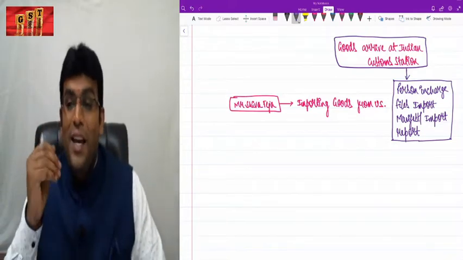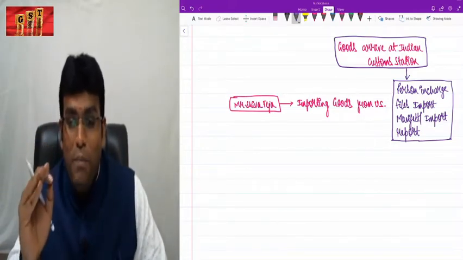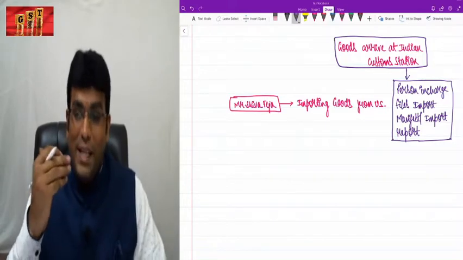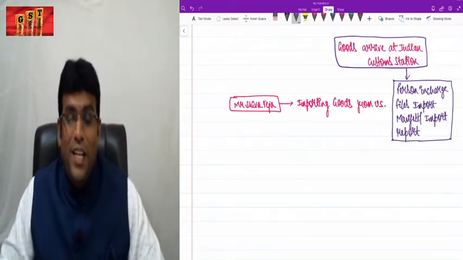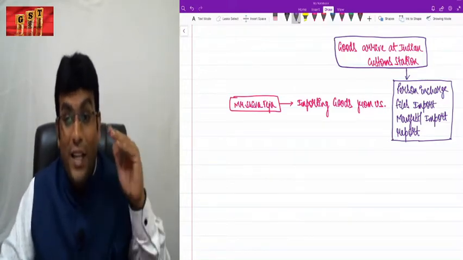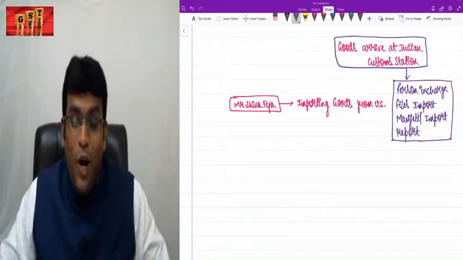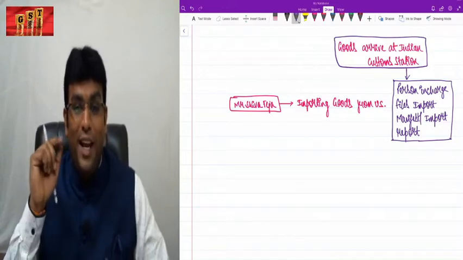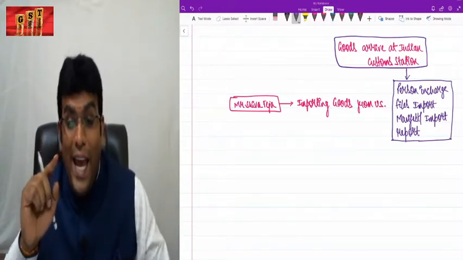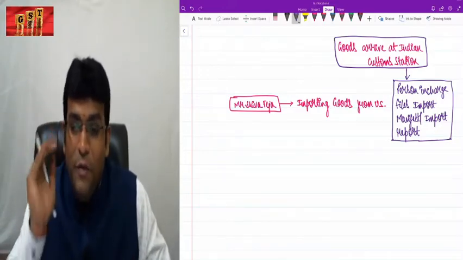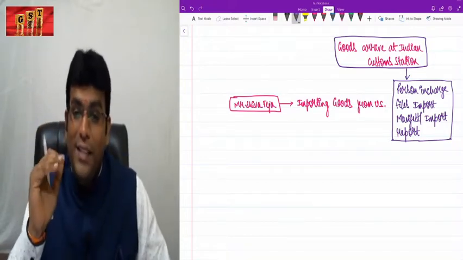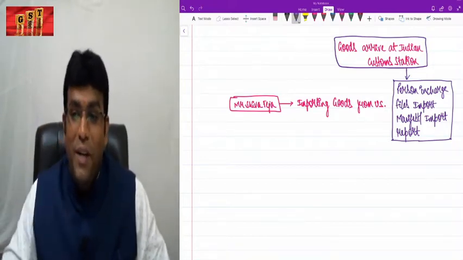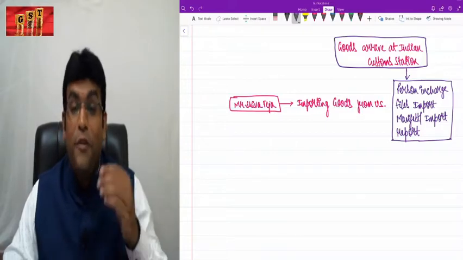The person in charge of that vehicle or vessel or aircraft will file a document called import manifest or import report. Import manifest is in case of vessel or aircraft, whereas import report is in case of vehicle.